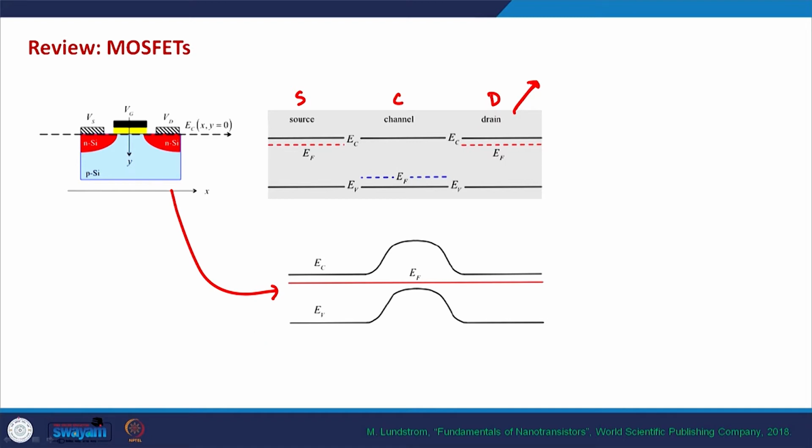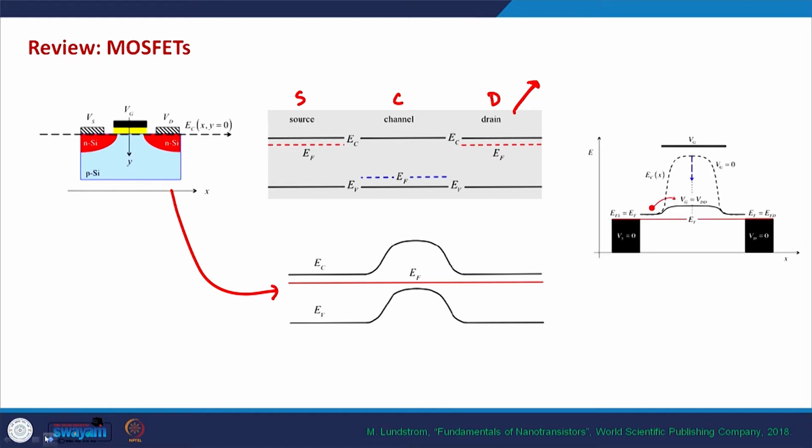In the previous class, we saw that we have a gate terminal here, and if we apply a positive voltage on the gate terminal, this barrier height reduces. This barrier height goes down. So that way the gate voltage can control the barrier height.